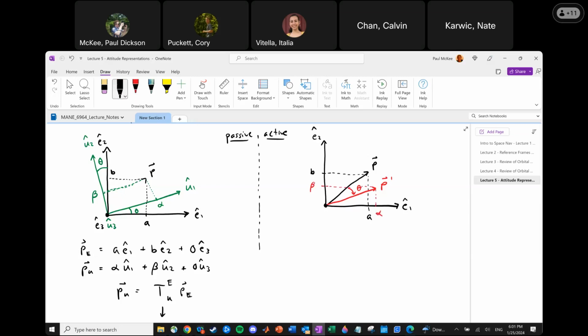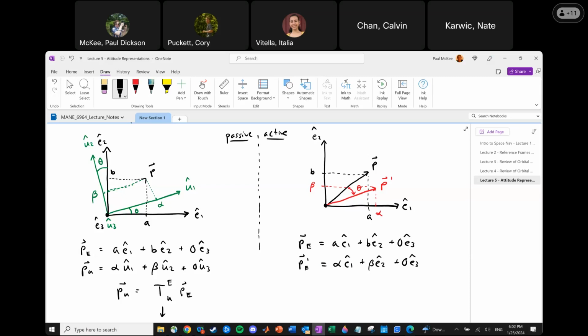And so what we're saying here is this. P, expressed in E, is A E1 plus B E2 plus 0 E3. So P E prime, this is a different vector, very critical, different vector, is alpha E1 plus beta E2 plus 0 E3.